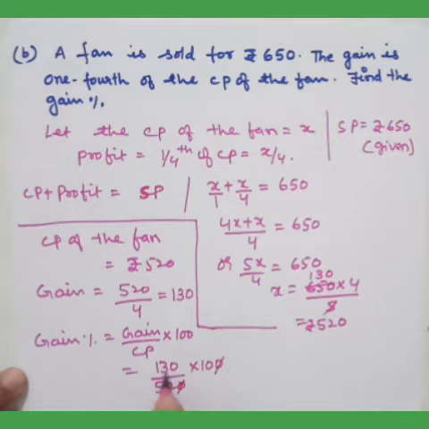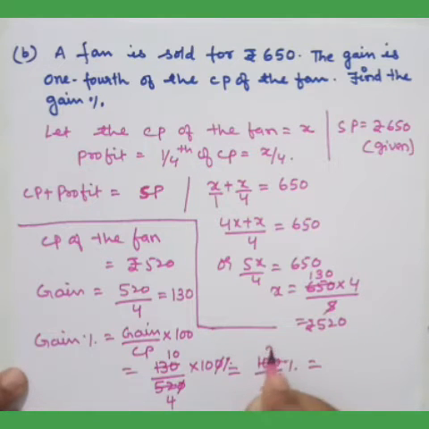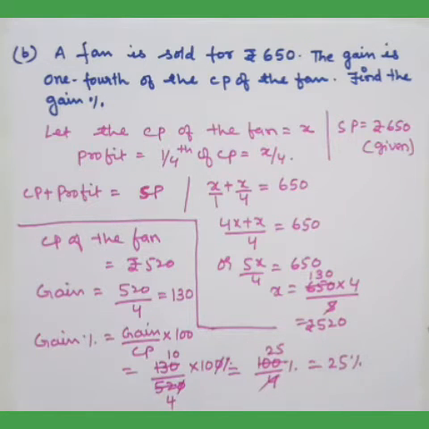Cancel the zeros. Then see, 13 tens are 130 and 13 4s are 52. Now 10 tens are 100 and 100 by 4, 4 25s are 100. You are getting 25%. Therefore, gain percent is equal to 25%.